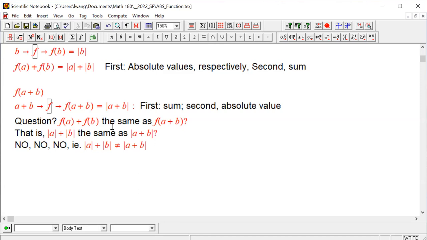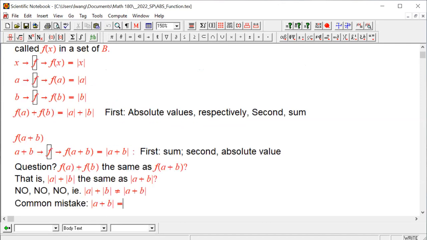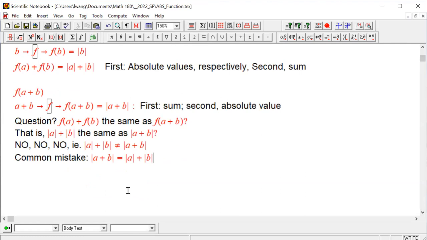But oftentimes, this is a common mistake. Some of our students in the past, when they see this, they would just separate them. Whether it's A, B, or X, Y, Z, they do that. It's a very common mistake.